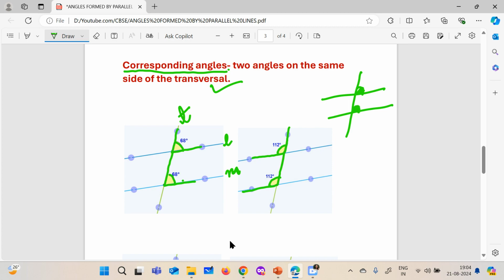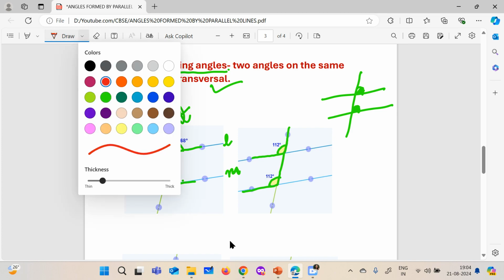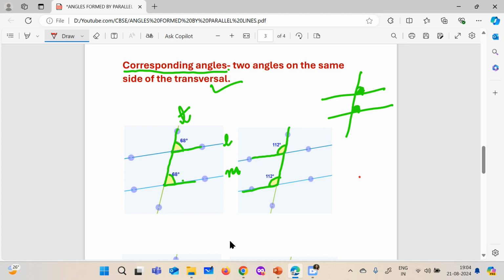How to identify the corresponding angle? Another thing you can remember is the L shape. Whenever you have corresponding angles, an L shape is formed. So these are the pair of corresponding angles. I hope this is clear. If I have my transversal line like this, then the angles formed on this side are a pair of corresponding angles, right?